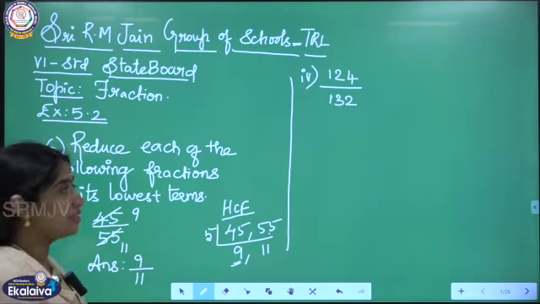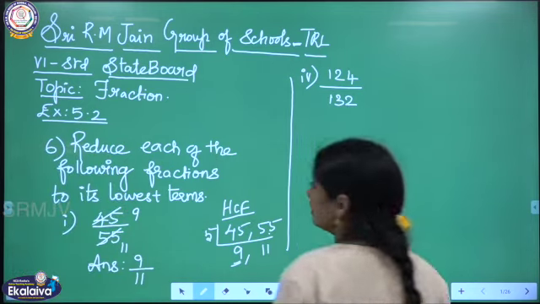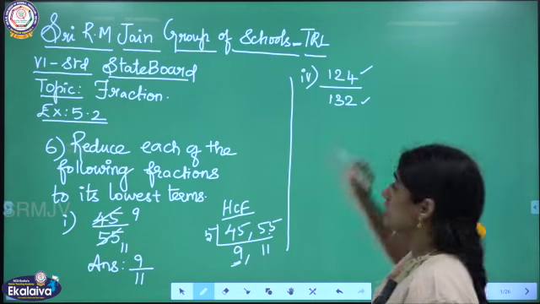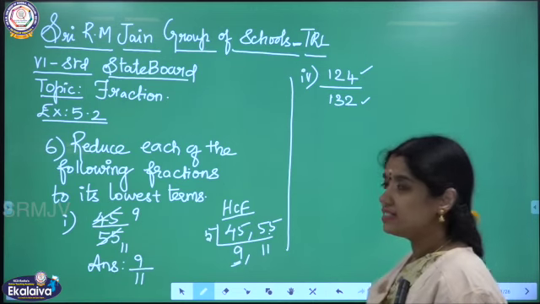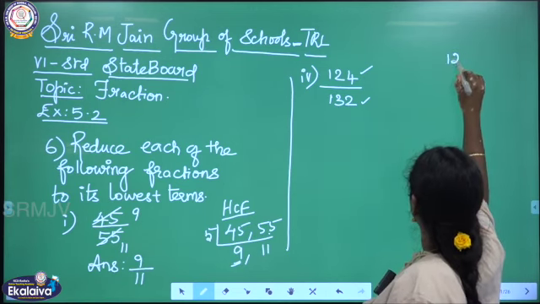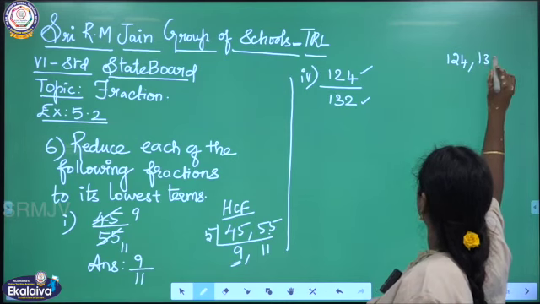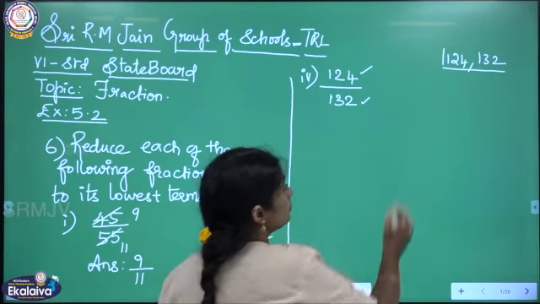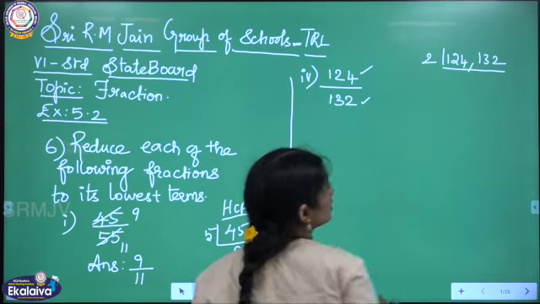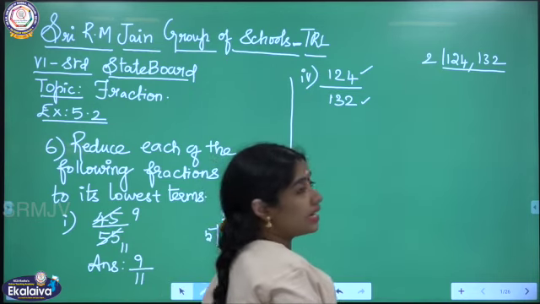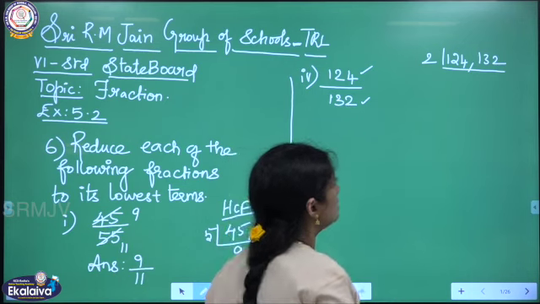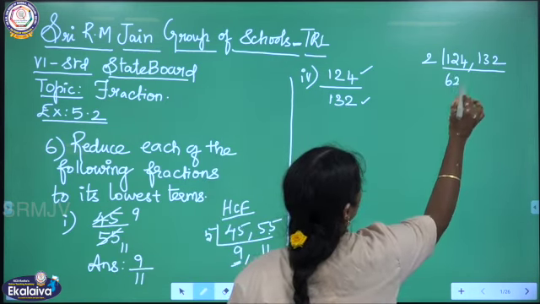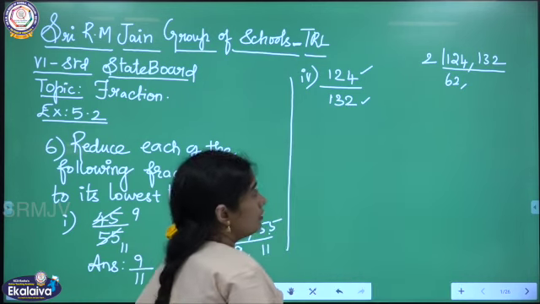Now I am going to take the HCF for both 124 as well as 132. So 124, 132. Let me see the HCF for this. Listen children, the 2 table. Because both numbers are even numbers, I can cancel this by the 2 table. 2 62s are 124.